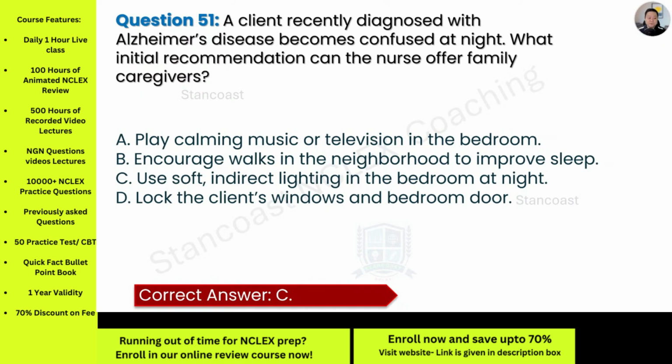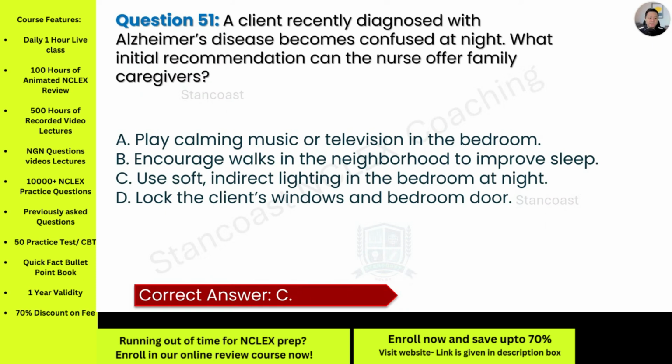And providing gentle lighting can also create a much more calming environment that will promote their safety and orientation without overstimulation. Now, if you select letter A, this is an incorrect option because continuous auditory stimuli, even if calming, can worsen disorientation or it might disrupt their sleep. And take note that with Alzheimer's disease, they're often more sensitive to sensory input, which can also lead to their agitation and can further their confusion.